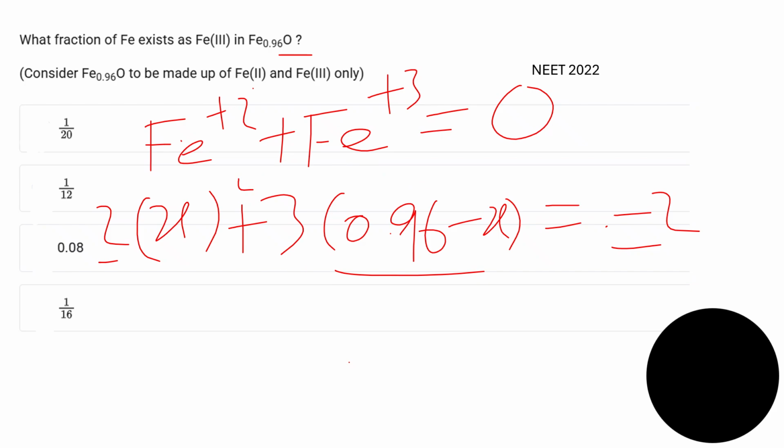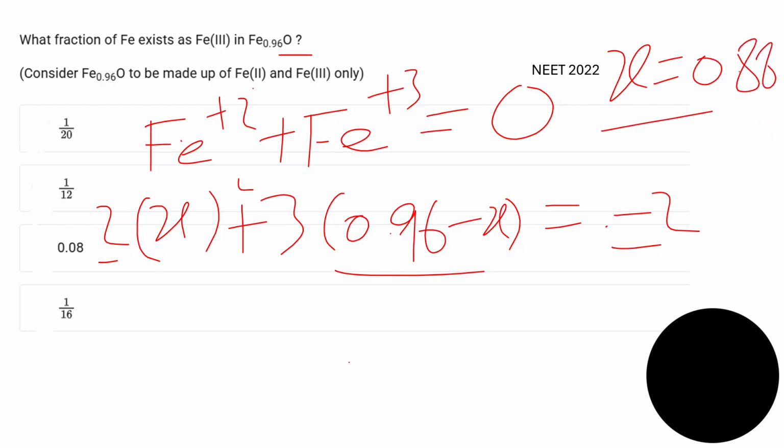If we find X, it will be Fe2+. Okay. What is X? If we solve mathematically, X can be determined exactly. The X is 0.88. If we solve using a scientific calculator, the X is 0.88. Okay.